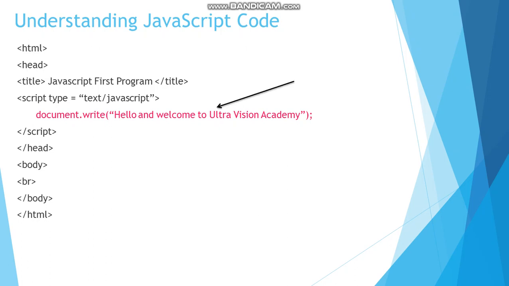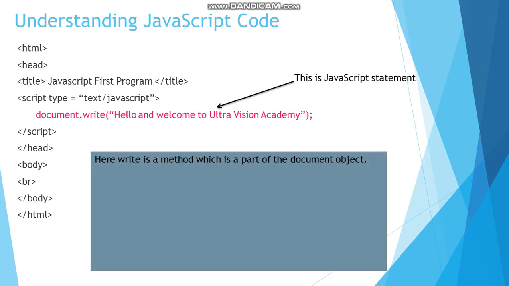Remember, this is a JavaScript statement. Here write is a method. Remember, either you can say method or you can say function, which is a part of the document object. JavaScript is an object oriented scripting language.